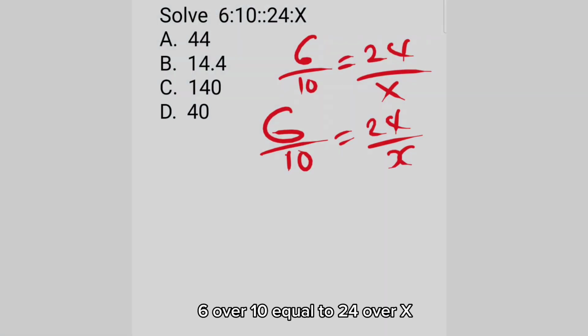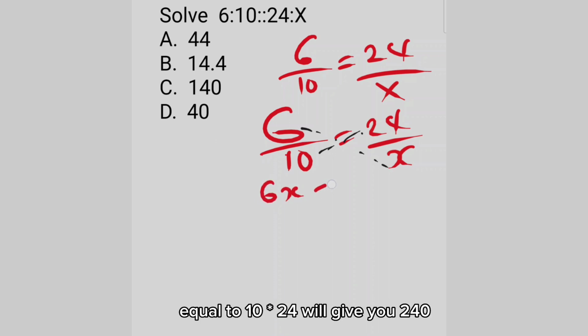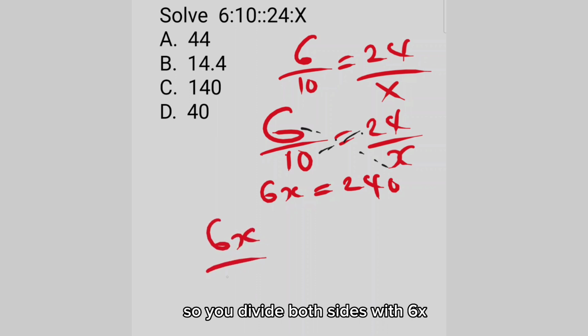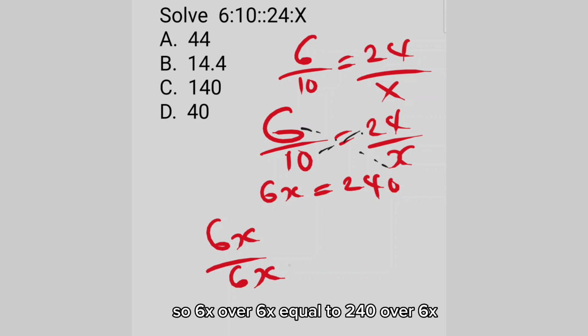Six over 10 equal to 24 over x. All you have to do is cross multiply. 6 times x will give you 6x, equal to 10 times 24, which is 240. Then you divide both sides by 6.